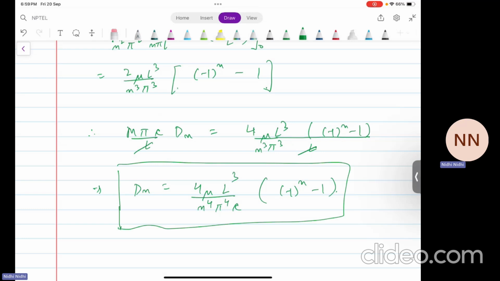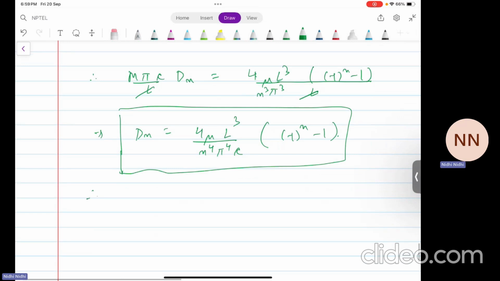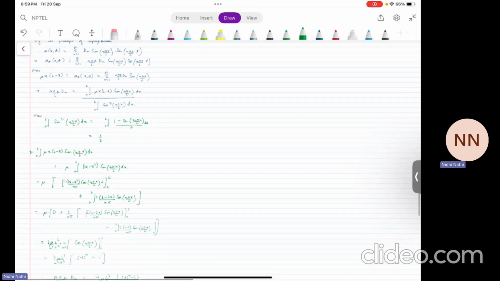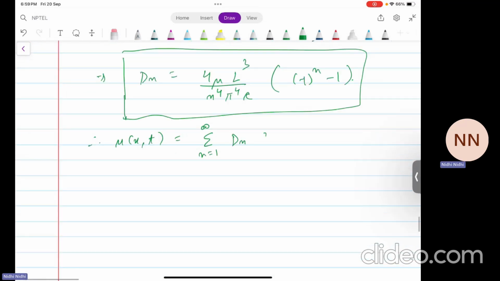There might be some mistake. So this gives us our u(x,t) is nothing but summation n from 1 to infinity, dn times sin n pi x by L and sin n pi c by L times t, where this dn is given here.